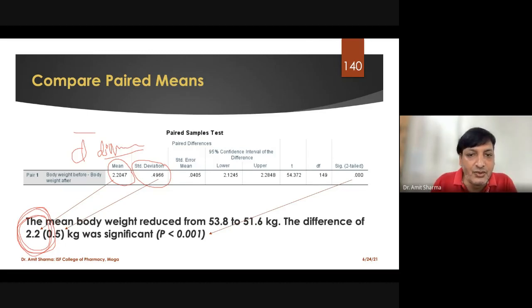Clear? So from this table, for our thesis we are going to take the mean difference, the standard deviation, the value of t, the degrees of freedom, and the significance value. So this we are not taking.